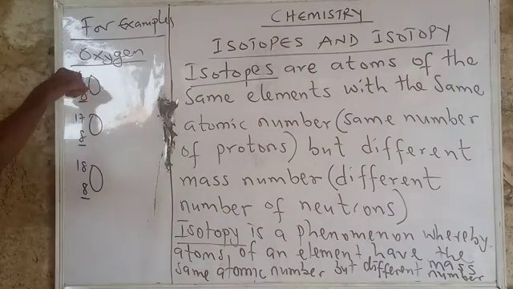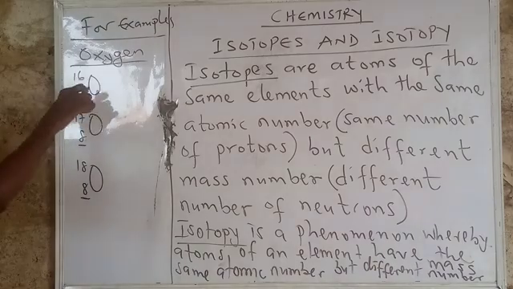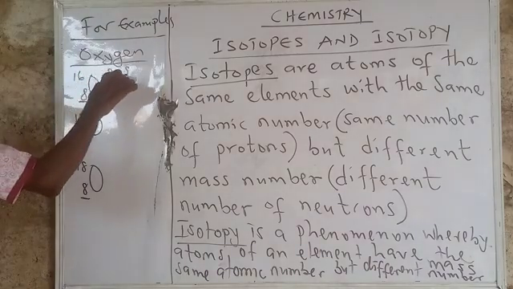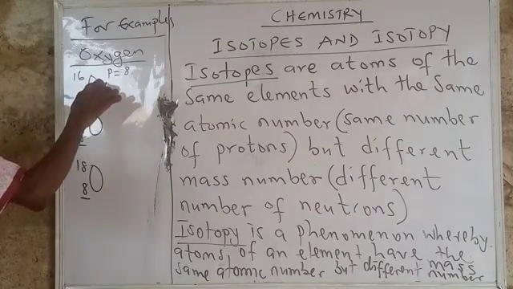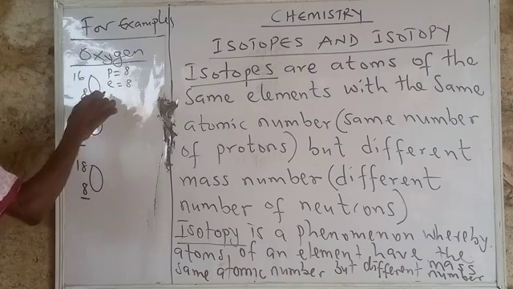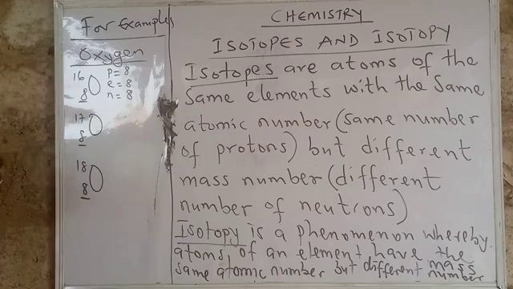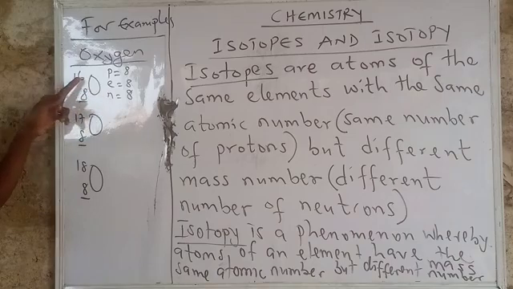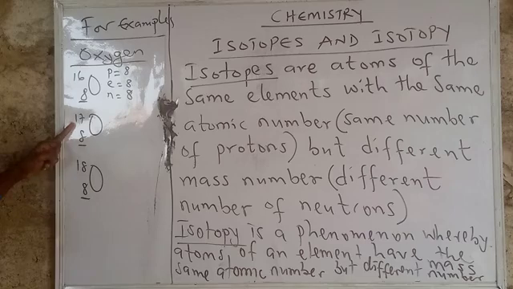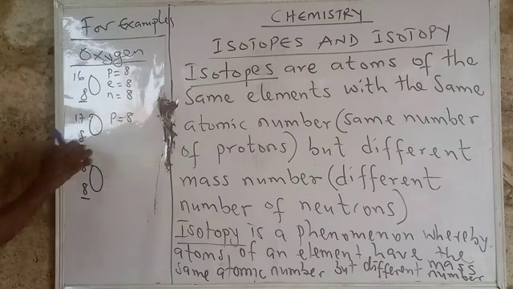If you break down the subparticles of oxygen 16, we have 8 protons, 8 electrons, and 8 neutrons. Don't forget, you subtract the number of protons from the mass number in order to get your neutron. For this isotope, the proton is 8, which is the atomic number.